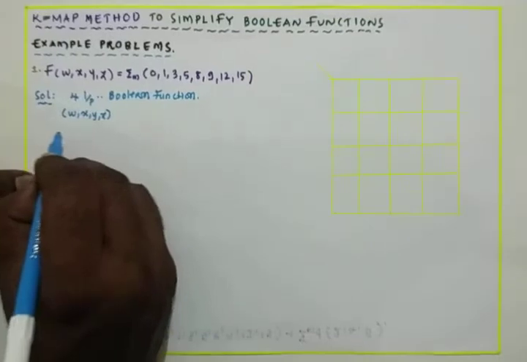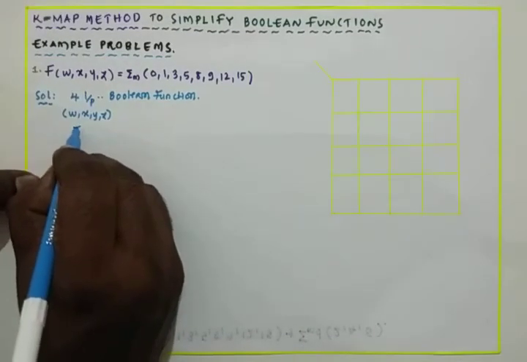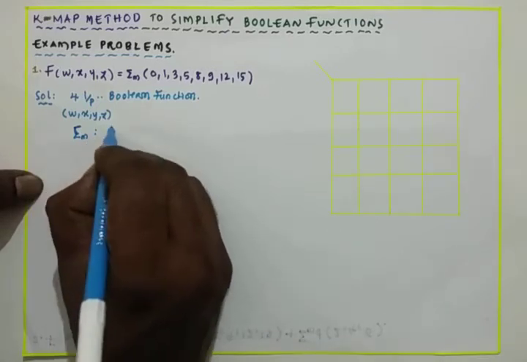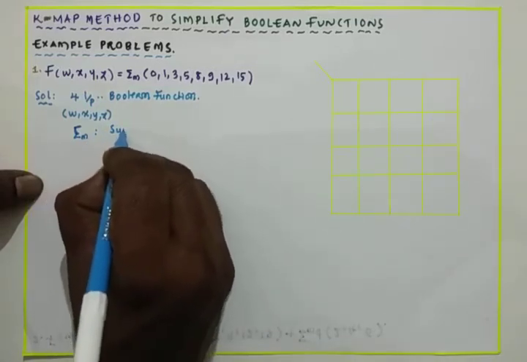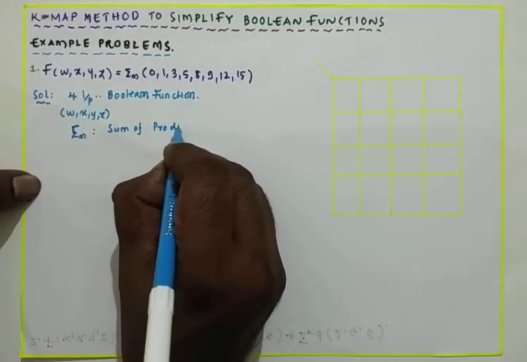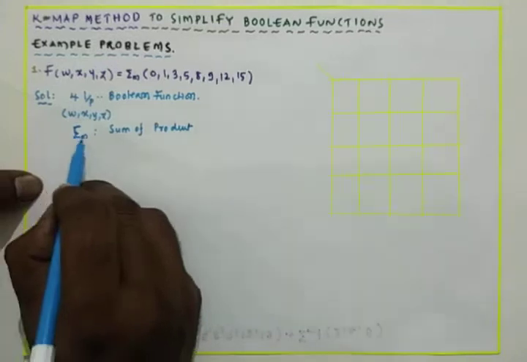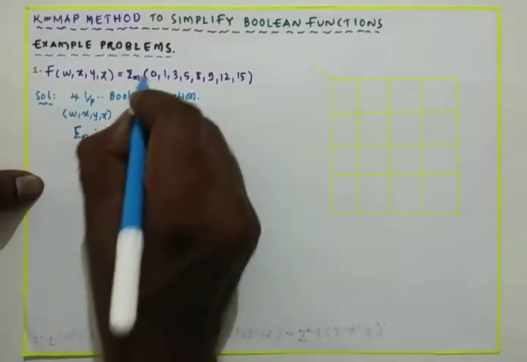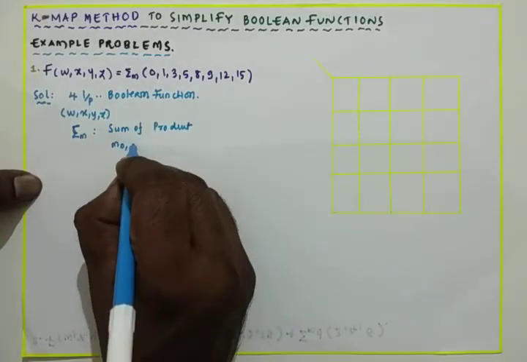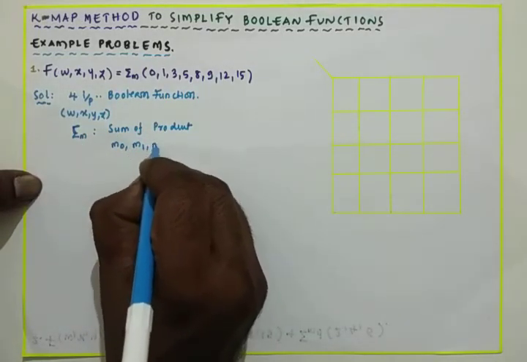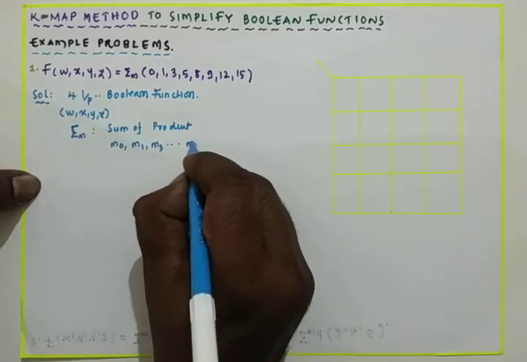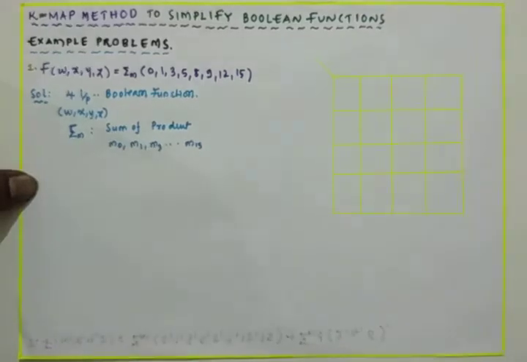Coming to the second observation, sigma m is the sum of products. Sigma indicates a sum of products. The products are m0, that is minterm 0, m1, minterm 1, m3, minterm 3, likewise m8, m9, m12, and m15 from the question.